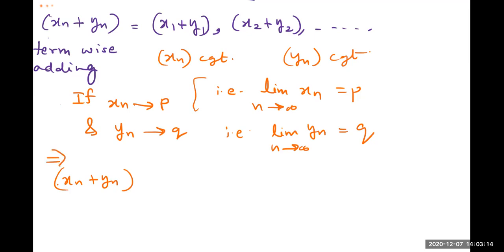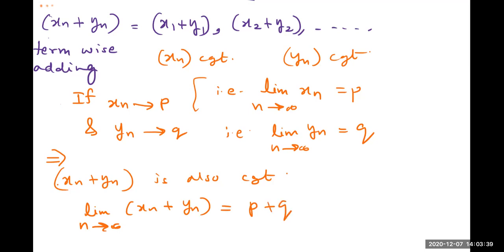So yes, it implies xn plus yn is also convergent. और ये कहाँ converge हो जाएगा? अगर xn जा रहा है p की तरफ और yn जा रहा है q की तरफ, so xn plus yn would converge to वो limit का भी क्या हो जाएगा? इधर sequence का अगर addition हो रहा है तो limit का भी क्या हो जाएगा? Addition हो जाएगा. That is p plus q हो जाएगा. So xn plus yn will converge to p plus q.